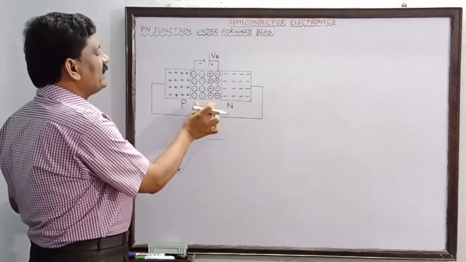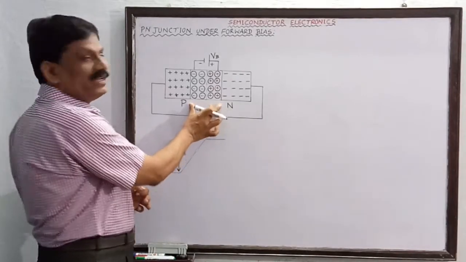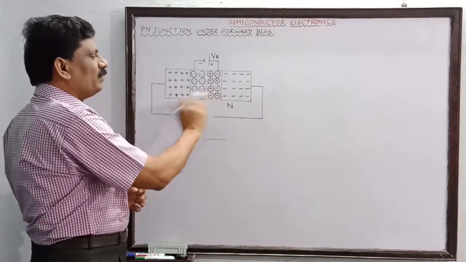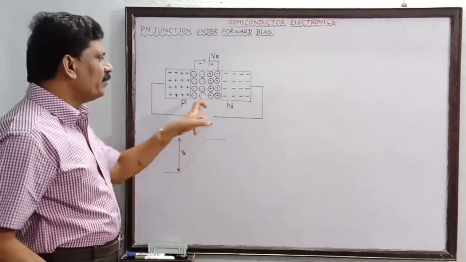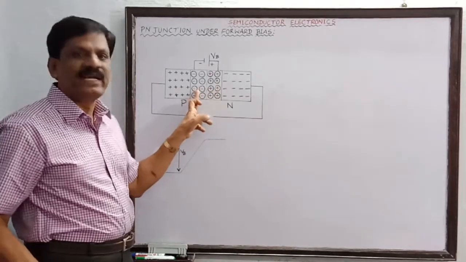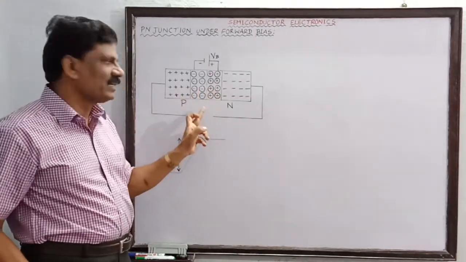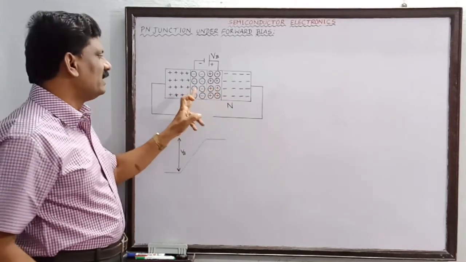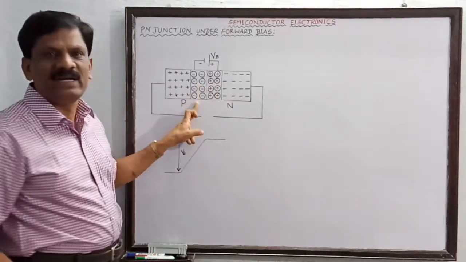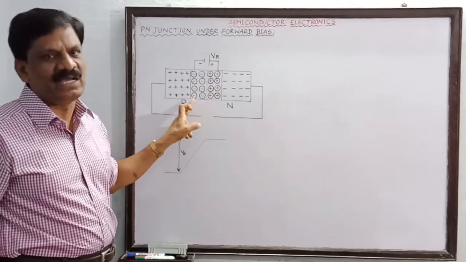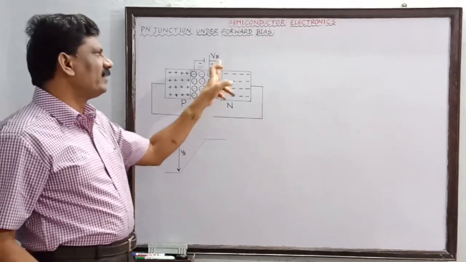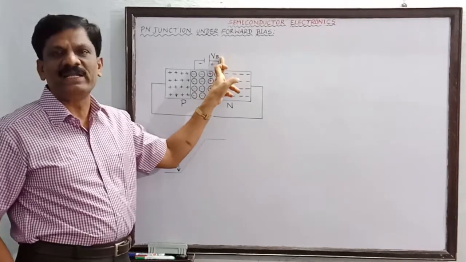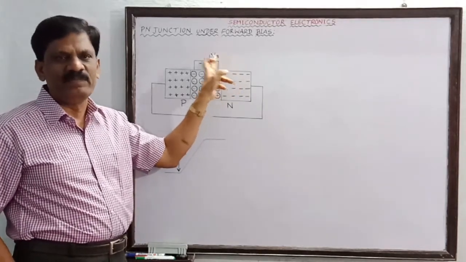Already we have seen that in the depletion region on both sides of the junction, immobile positive and negative ions are present respectively: positive ions on the N side of the junction and negative ions on the P side. They are immobile ions, so this has developed an internal potential barrier voltage denoted by VB.